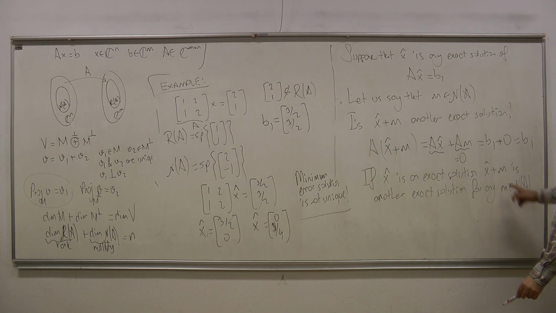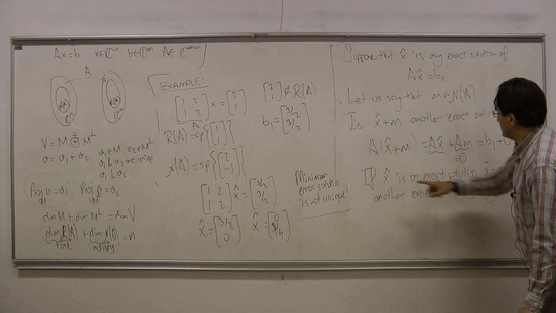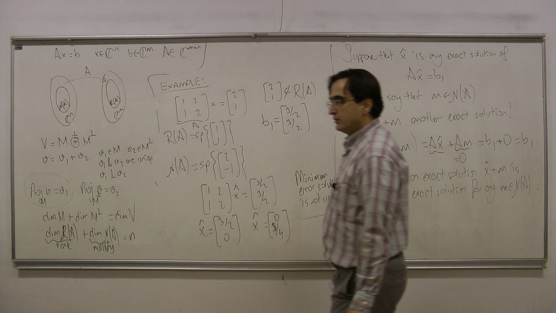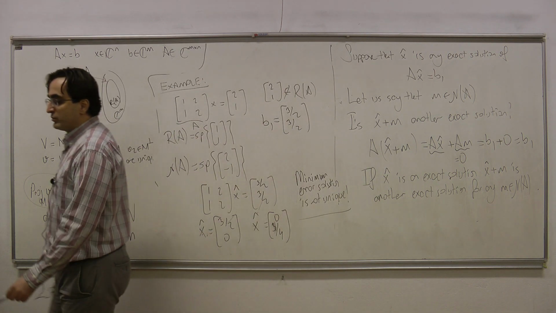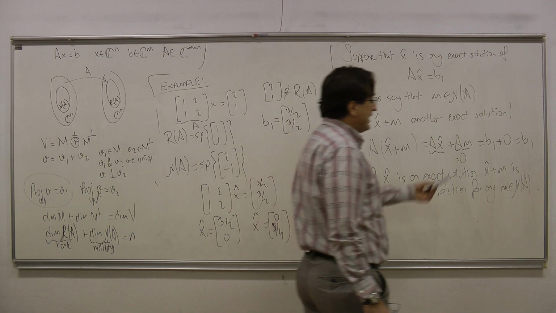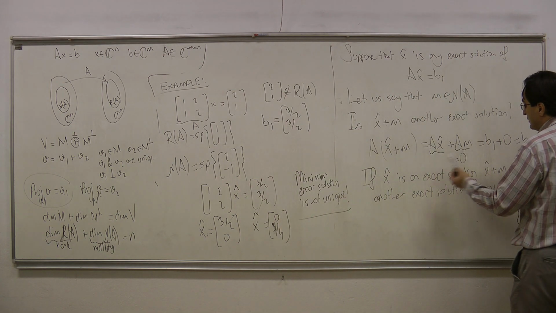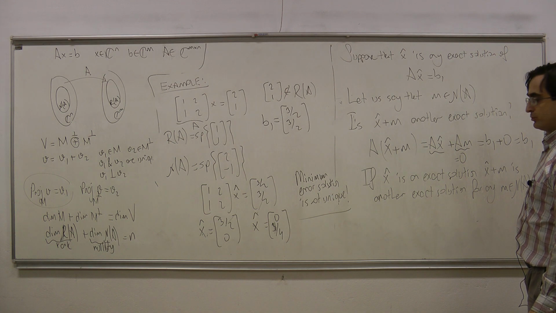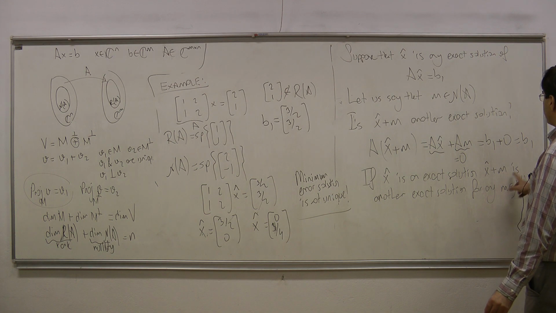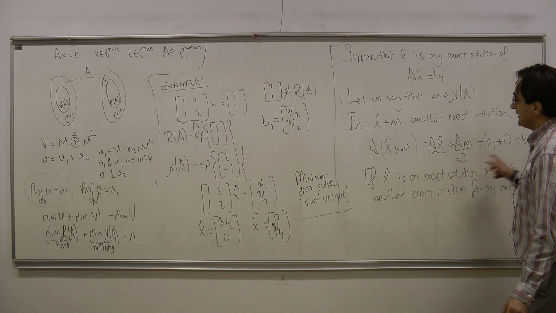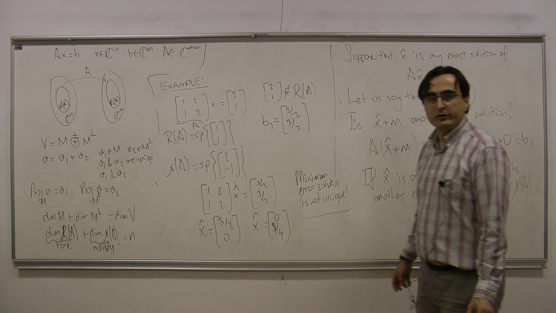So what do I need for X set and X set plus M to be the same solution? In that case, I would need M to be equal to 0. If M is equal to 0, then X set and X set plus M will be the same solution. And actually, if the null space of A is only composed of the 0 vector, then X set is going to be the unique solution.